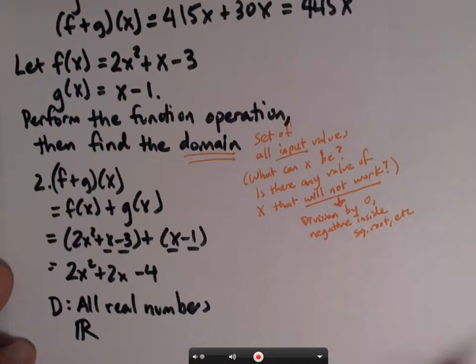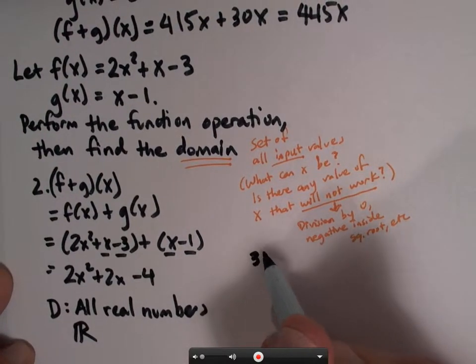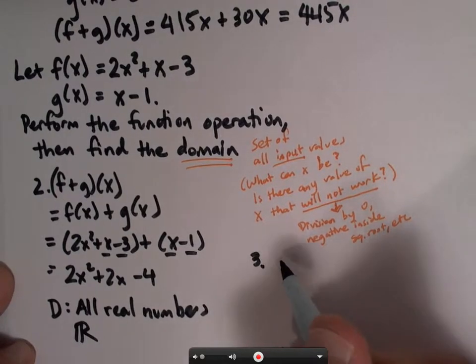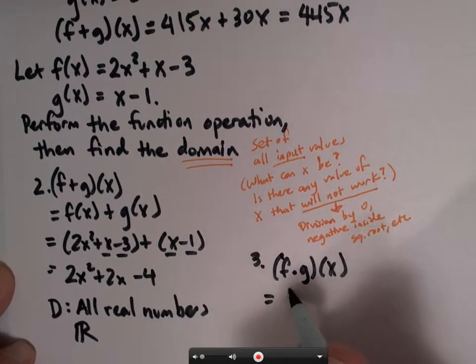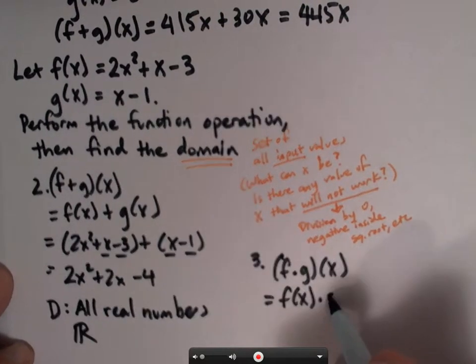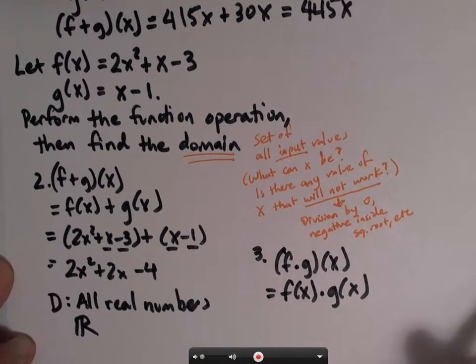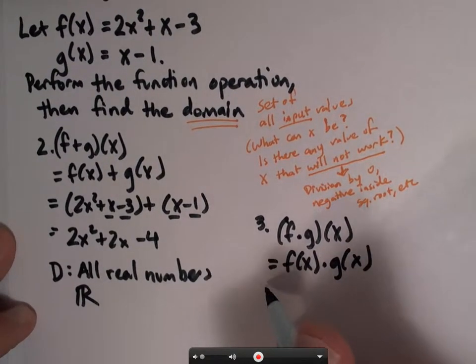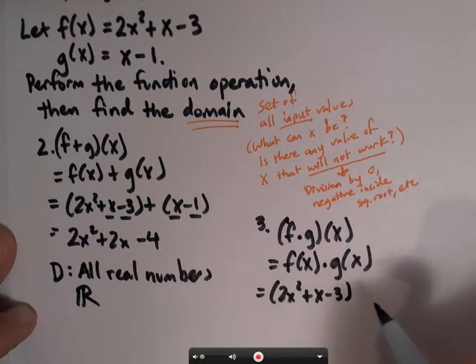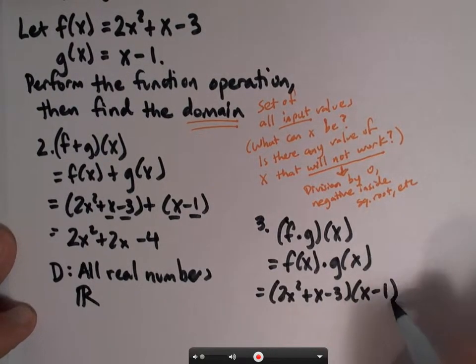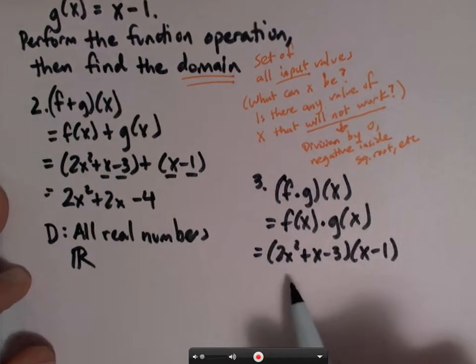Okay, let's try another one. Number 3. Let's do f times g of x, which I can just write as f of x times g of x. So that's going to give us 2x squared plus x minus 3 times x minus 1. And we're going to multiply that out.